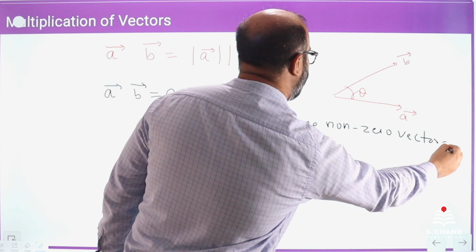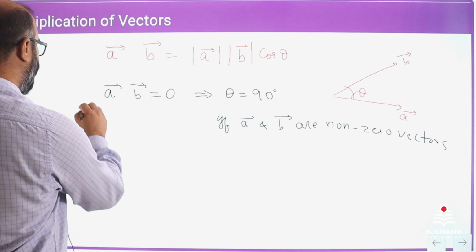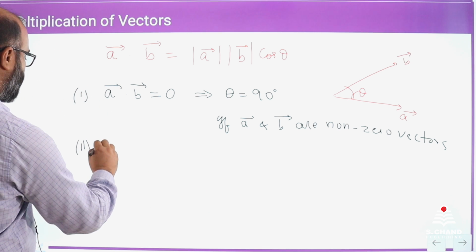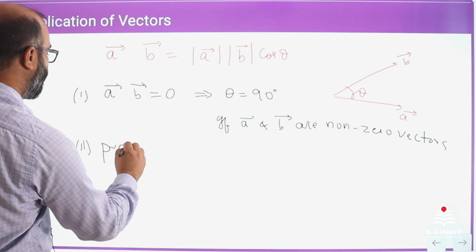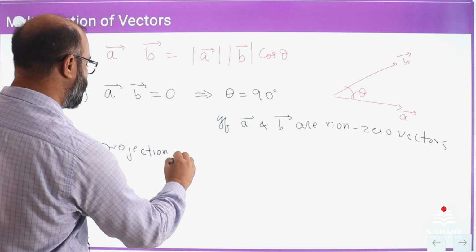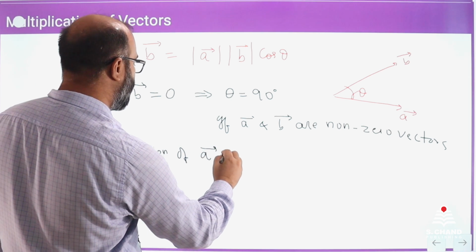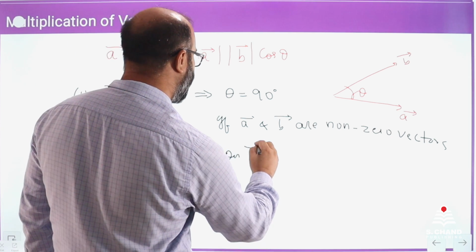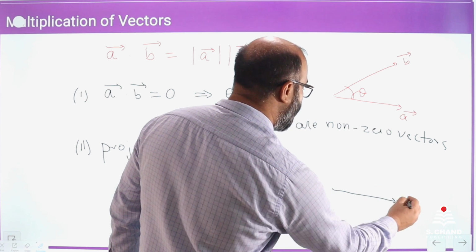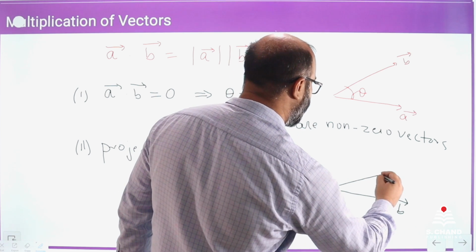Next we have another point over here, which is about projection. If we talk about the projection of A on B, there is a vector A and there is a vector B, and we take B over here like this and A vector over here like this.